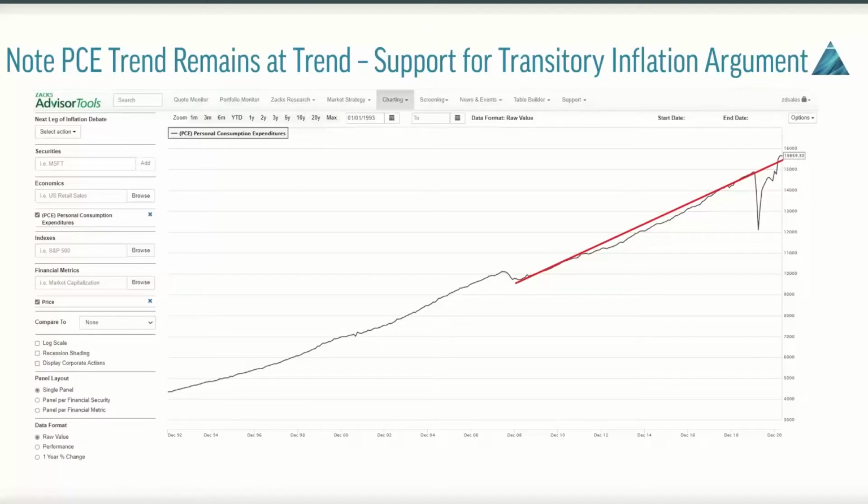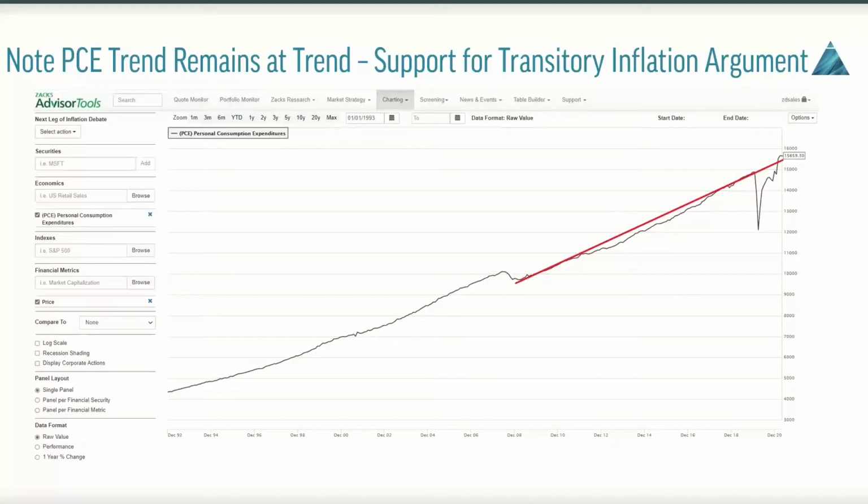And this is obviously support for that transitory inflation argument that the Fed is clinging to along with the consensus view. And again, what we're doing here is building a very unique chart, and it's something that you'll be able to look at over the coming quarters. Hopefully that's all it's going to take to get back to some sense of normalized trends in these types of numbers.